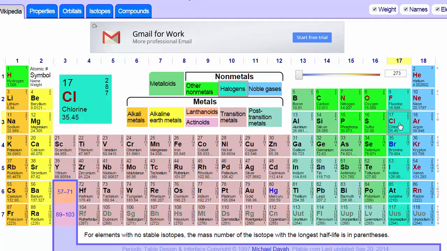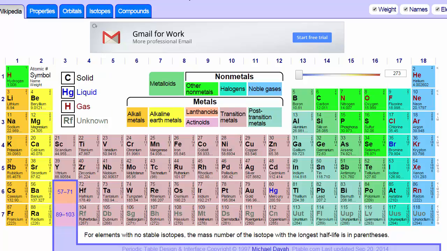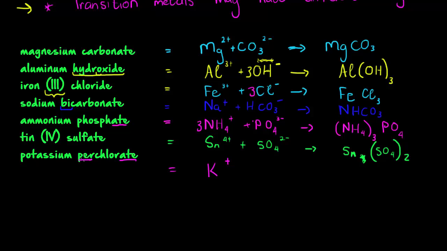And perchlorate. Chlorate is here. Chlorate forms part of the 3. So chlorate has 3 oxygens in its base, but the per in front suggests another oxygen. Let me just correct myself. The per tells me I've got another oxygen.